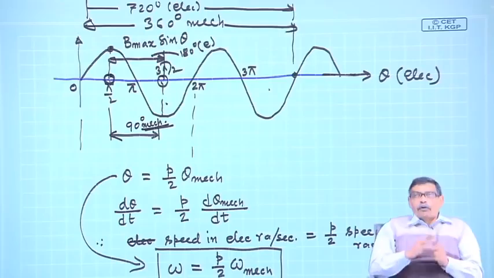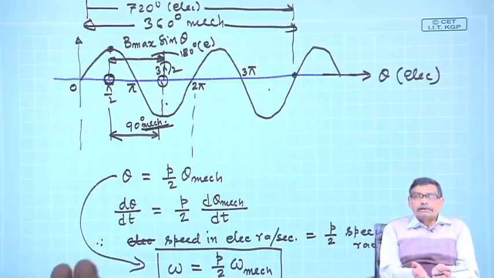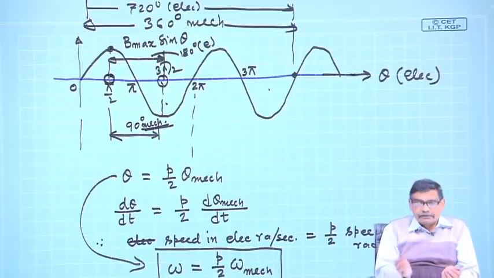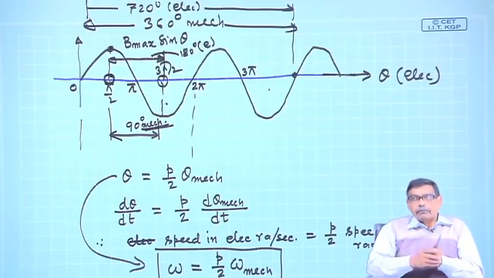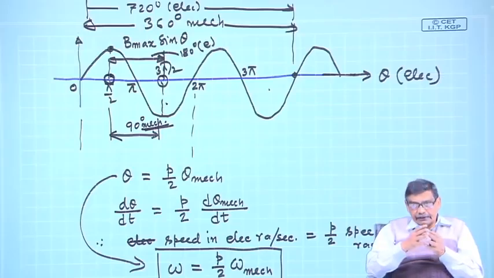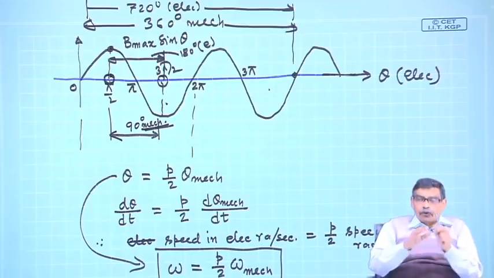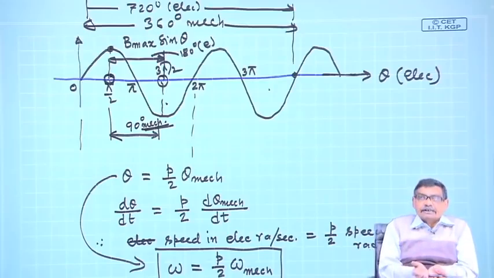Therefore, in a rotating machine like this, 360 degree mechanical is fixed. Depending upon whether it is a 2 pole, 4 pole or 6 pole machine, over this 360 degree all the poles are to be accommodated.